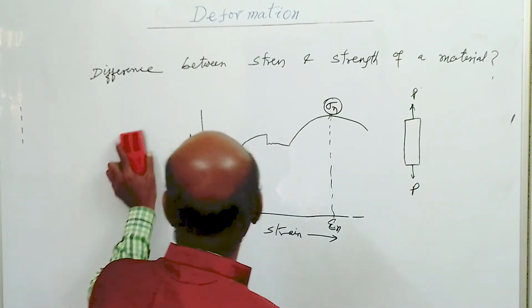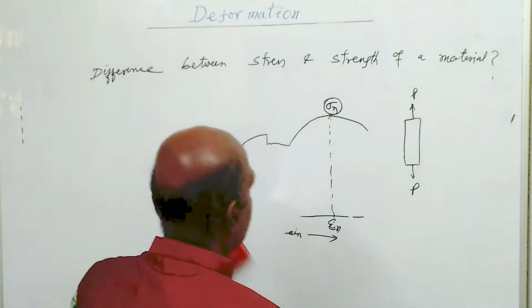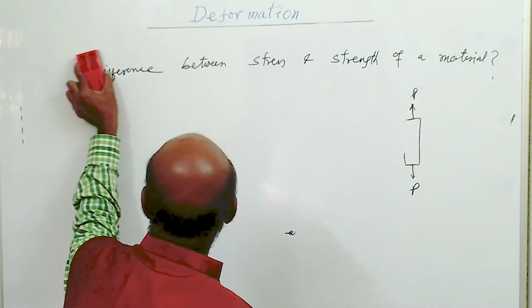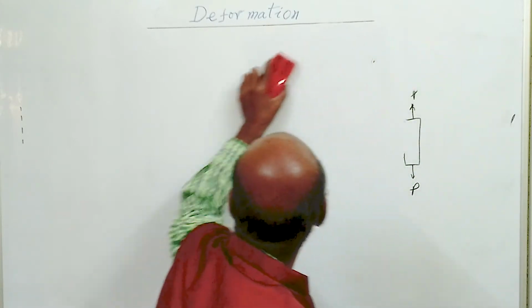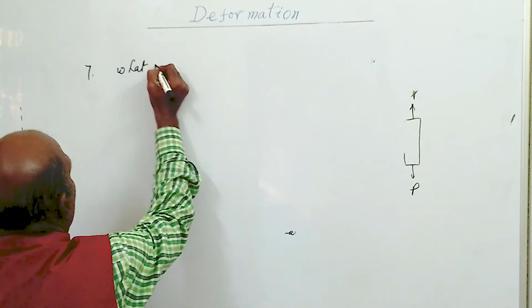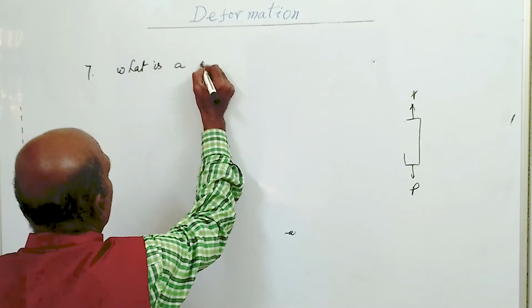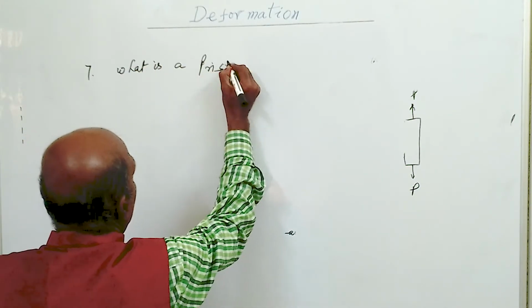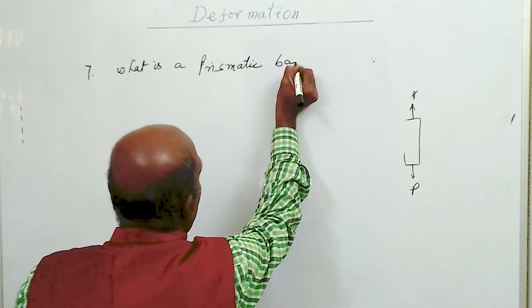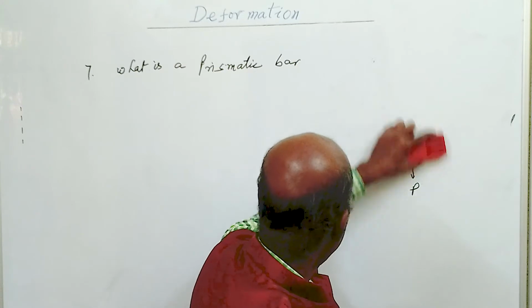Next we will discuss question number 7: what is a prismatic bar? In this subject, this term keeps coming again and again.